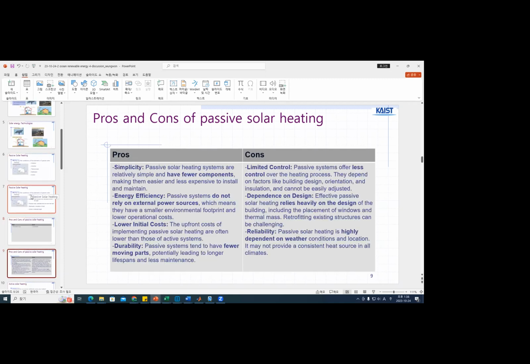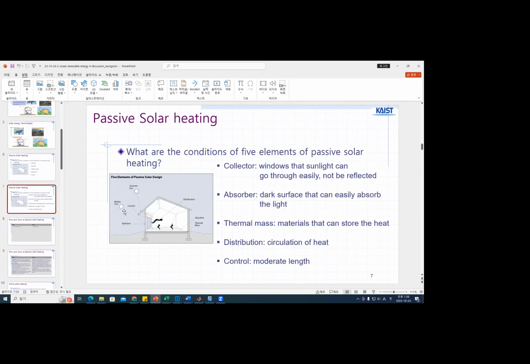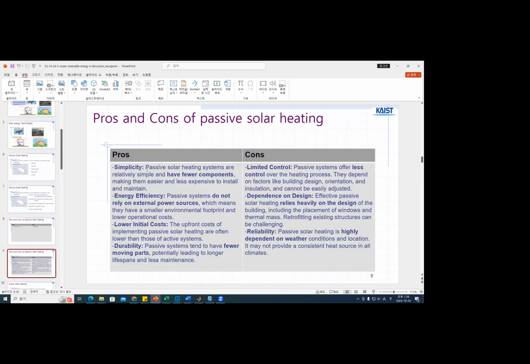So if you see the picture, we can use passive solar heating by only designing the room of the house. So it is very simple to use a passive solar heating system, because there are not many components to make this kind of system.